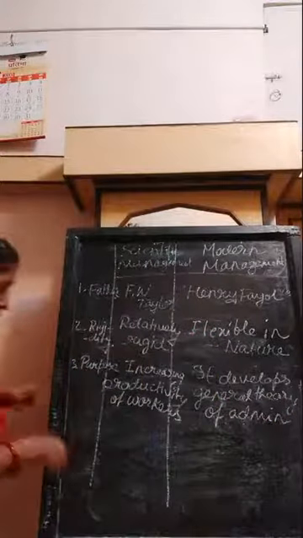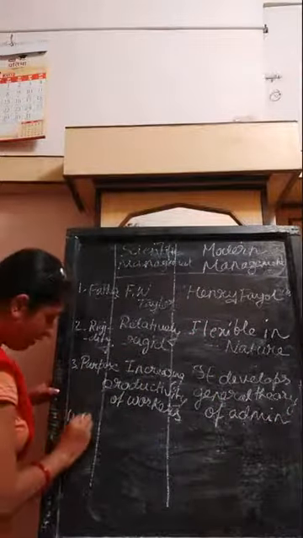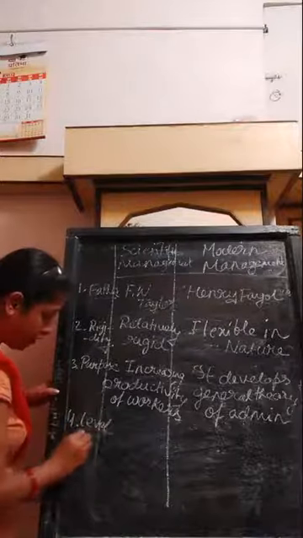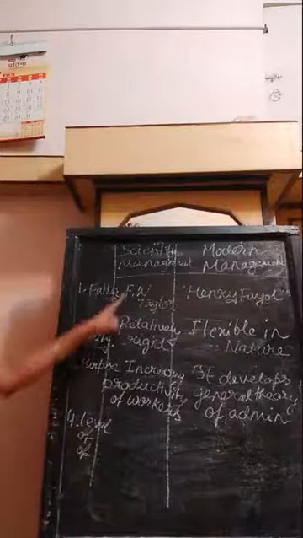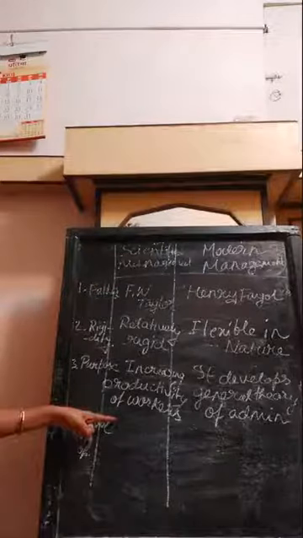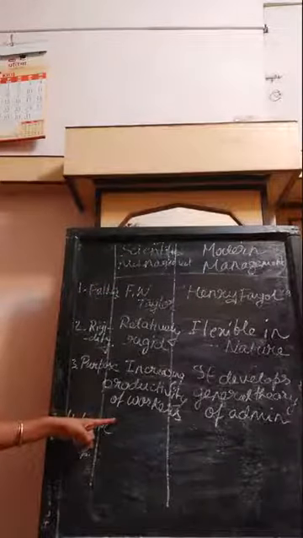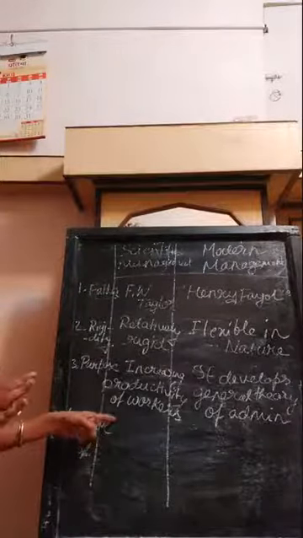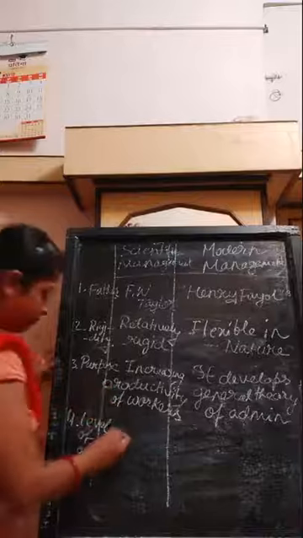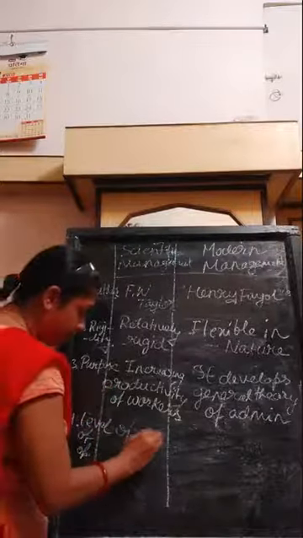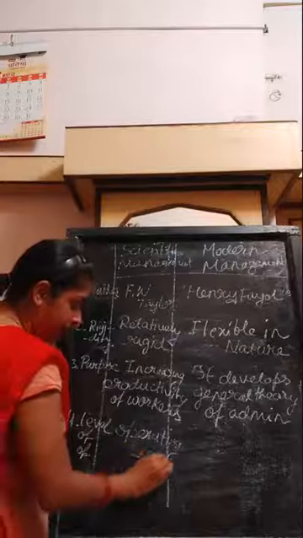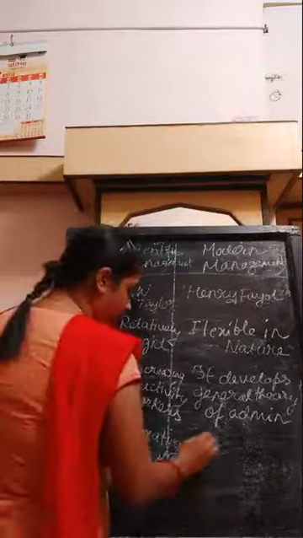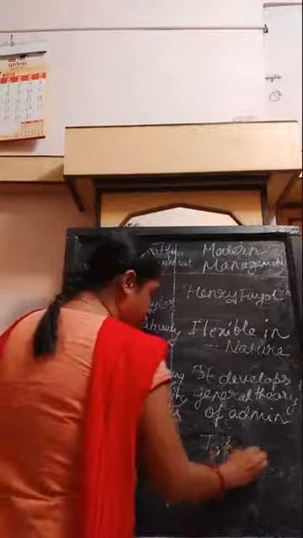Now, level of operation. Number 4, level of operation. This scientific management is applicable in the operating level, whereas modern management works in top level.